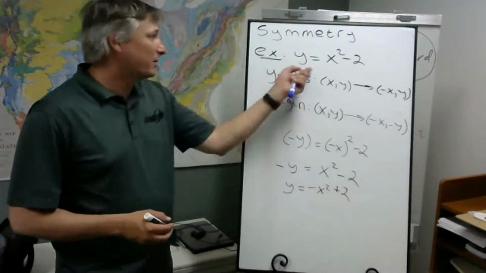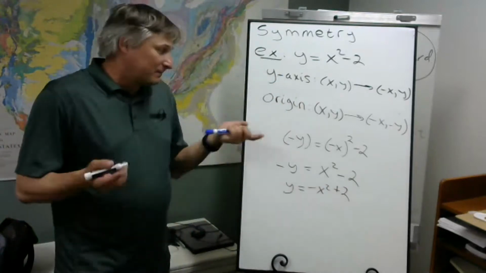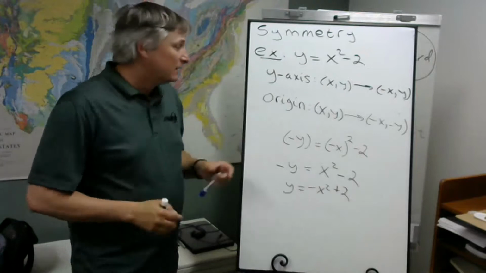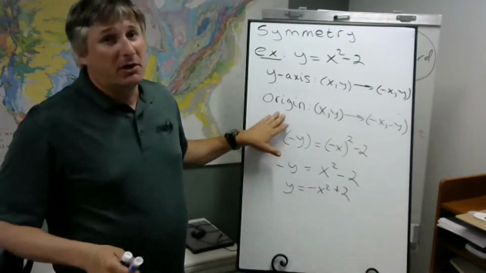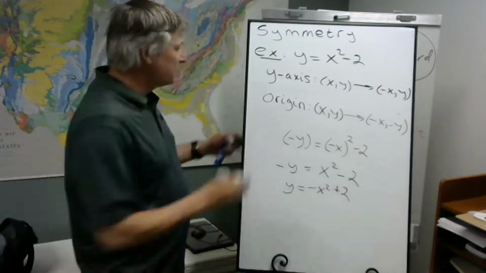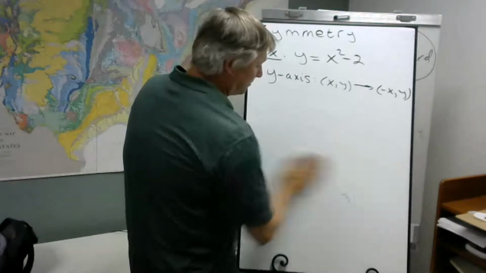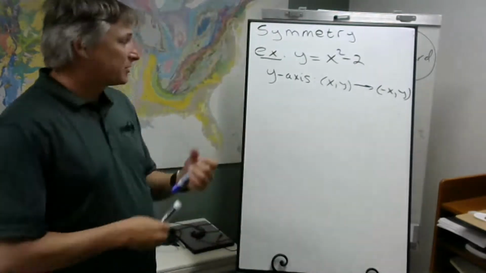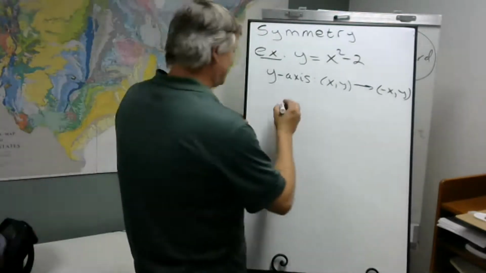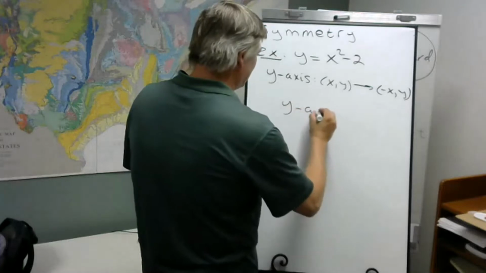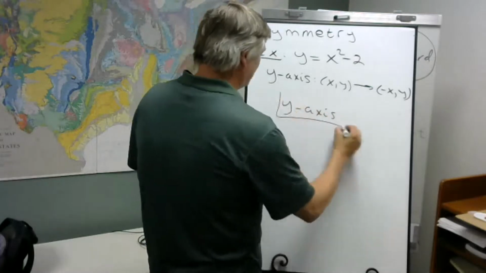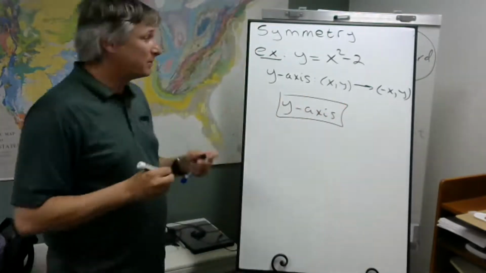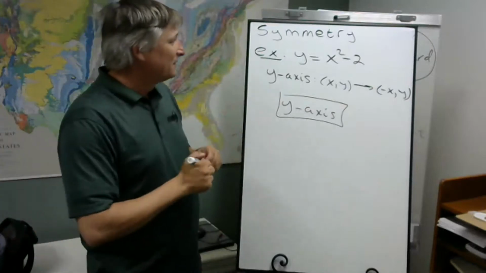You might have seen that already up here, but again, this isn't working. So this is not symmetric across the origin. So the symmetry that we can show is that it's symmetric across the y-axis. And there we go. We can prove that much.